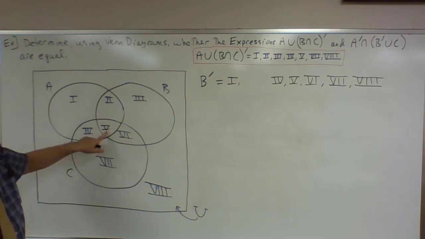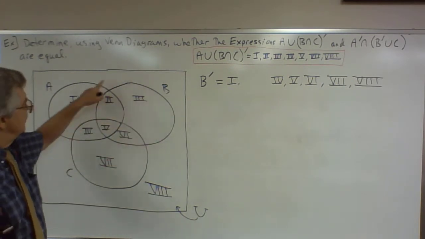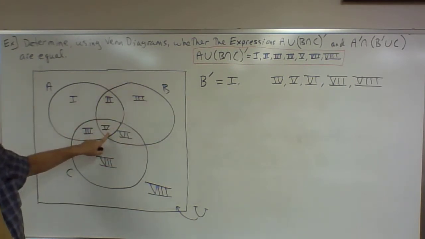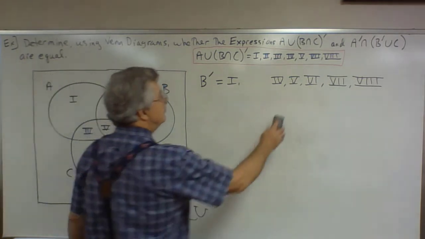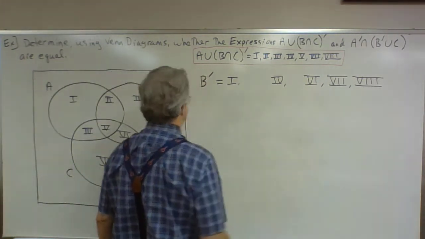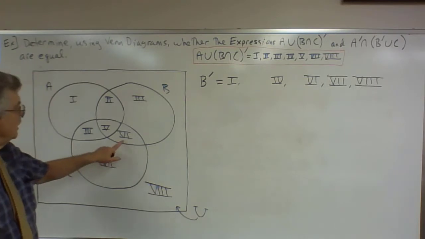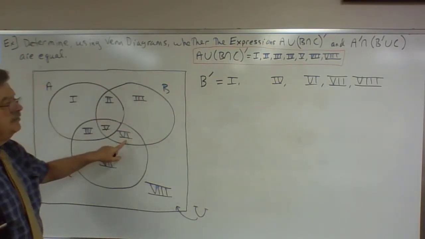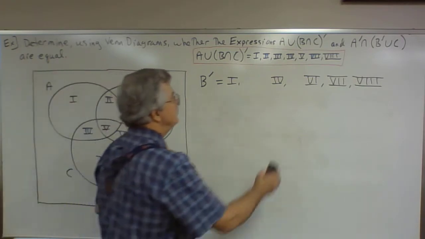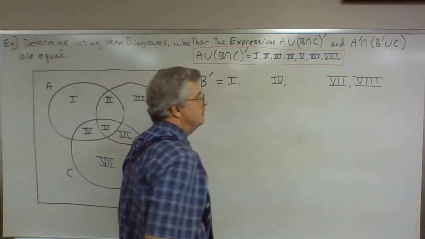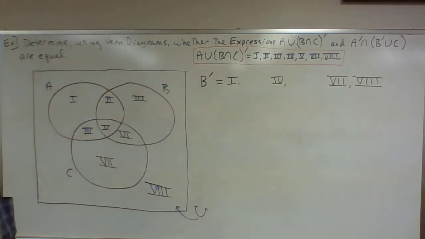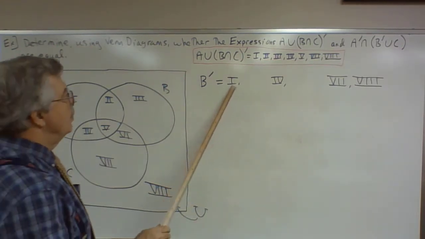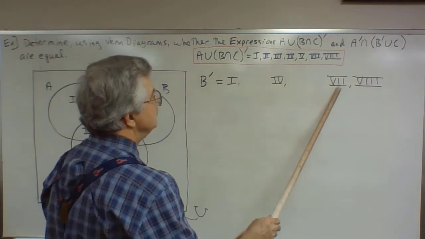Region 5 is in set B, so it's not in B complement. Region 6 is in set B, it's not in B complement. So B complement consists of the regions 1, 4, 7, and 8.